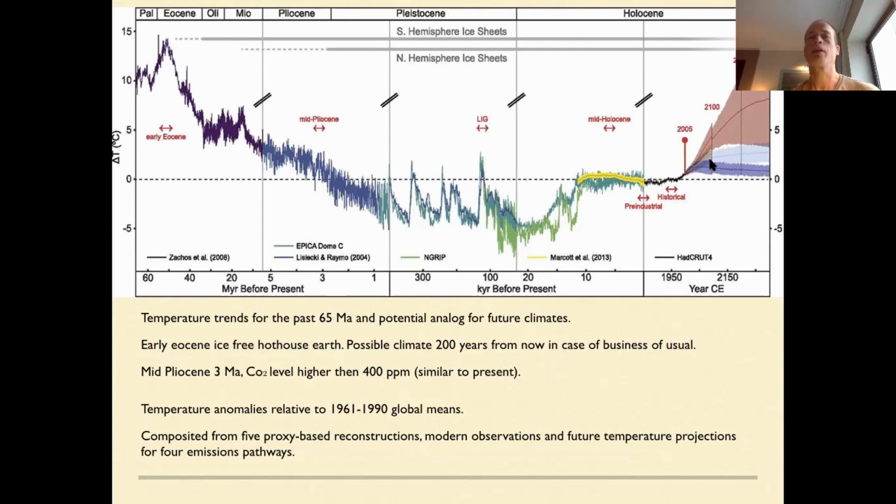If we just let economics decide what we emit, and population growth, and just let stuff happen.